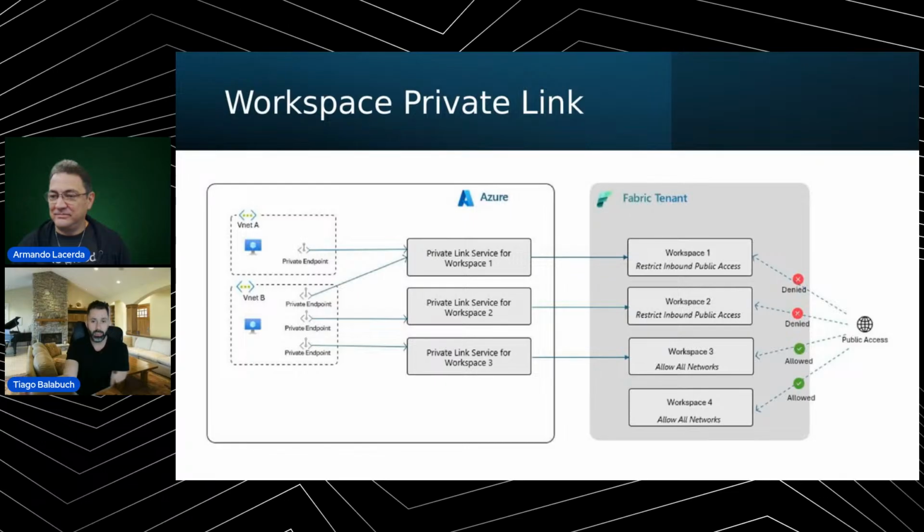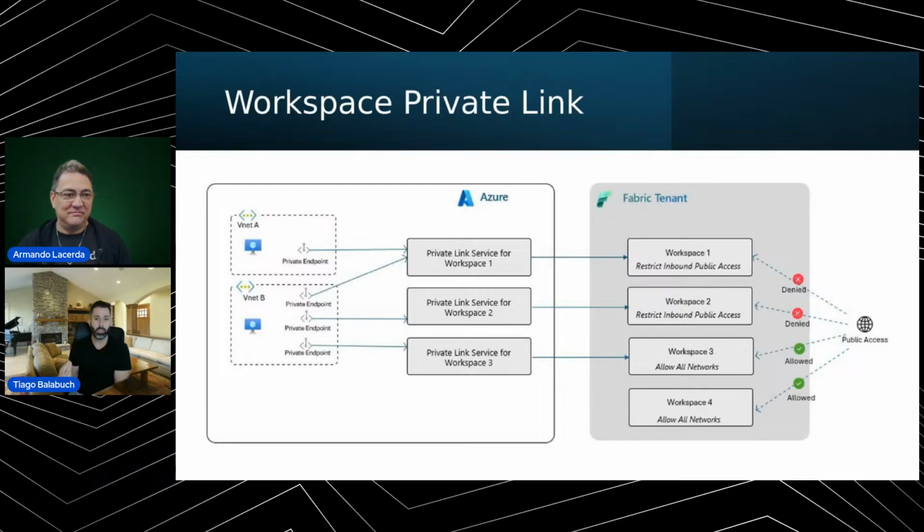So the Fabric tenant is one layer. Previously, we had this private link at the tenant level, so everything was in this box. That caused a lot of issues because it's everything or nothing. It's all or nothing. Exactly. So with the workspace private link, we are going to be granular.